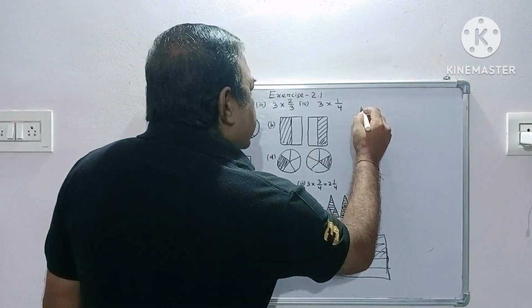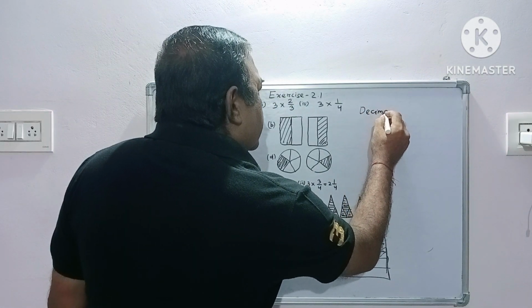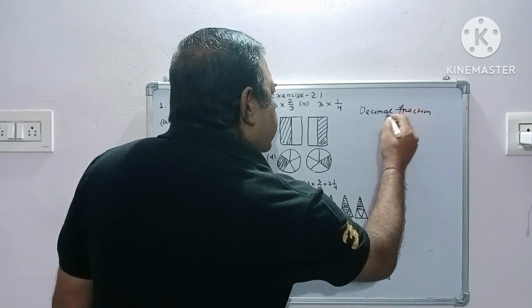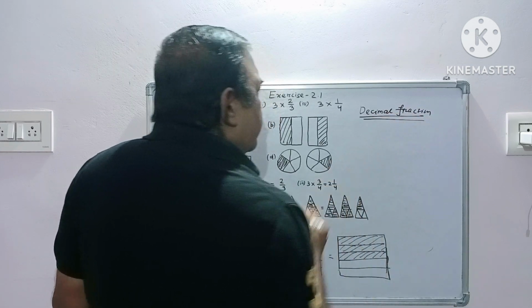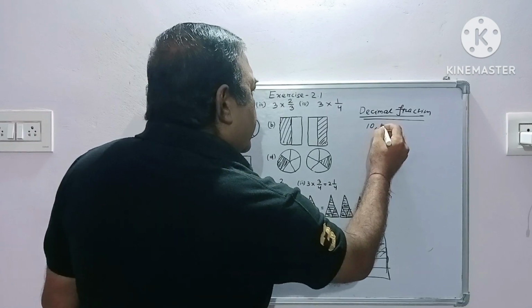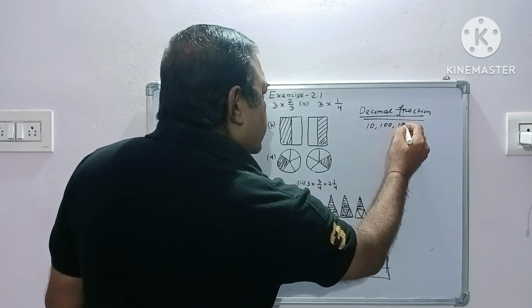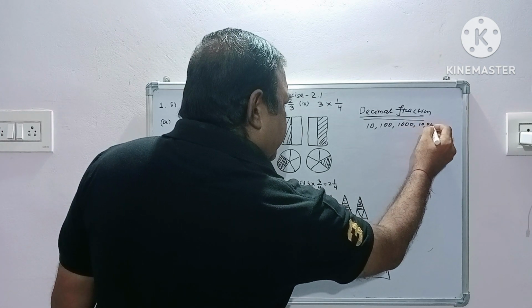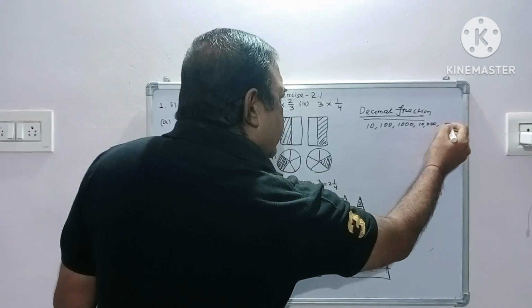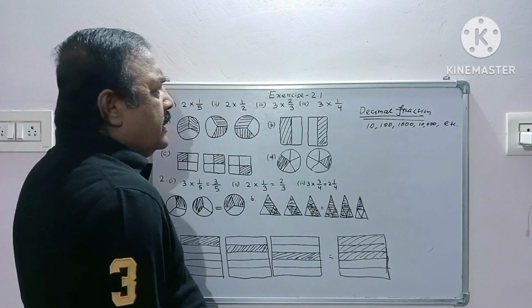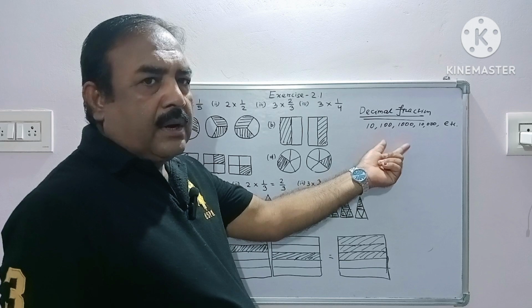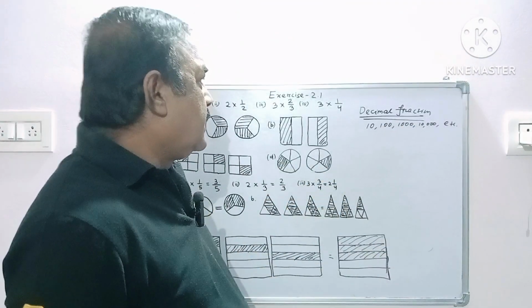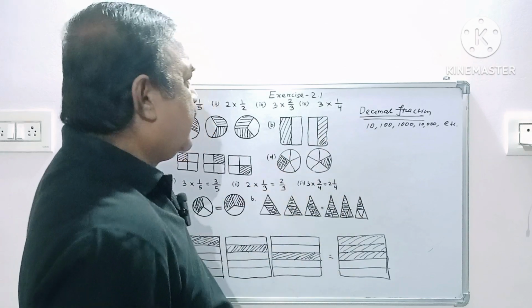You see, decimal fraction. If the denominator is 10, 100, 1000, 10,000, 1 lakh, like this, then such fractions are called decimal fractions.